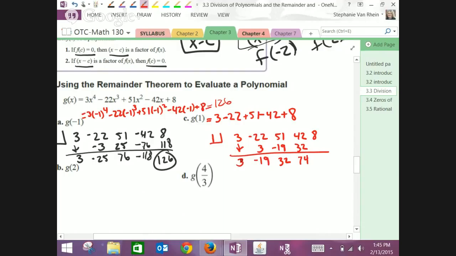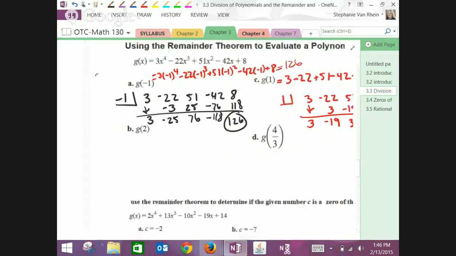Did I do something wrong here? Oh, this one is negative. Thank you. Negative 42. So that gives me minus 10, minus 10, minus 2. And that's the same thing as if I take 3 minus 22 plus 51 minus 42 plus 8, that's minus 2.